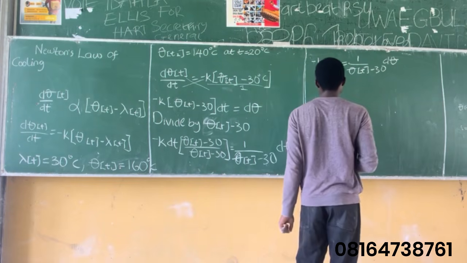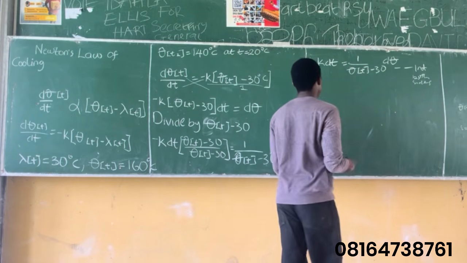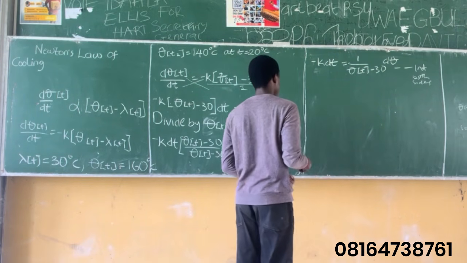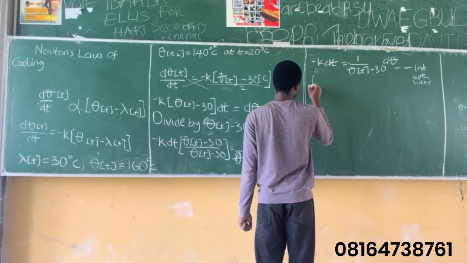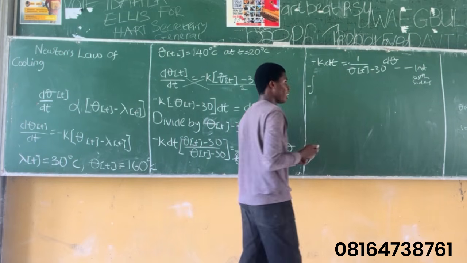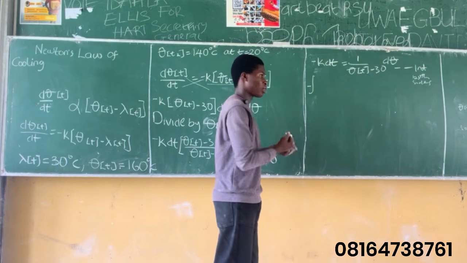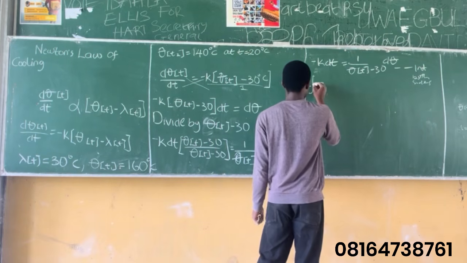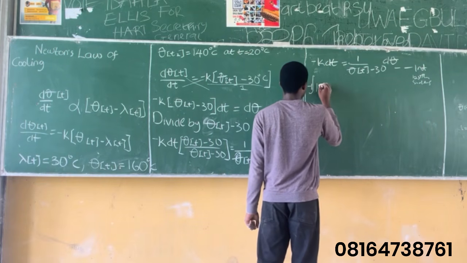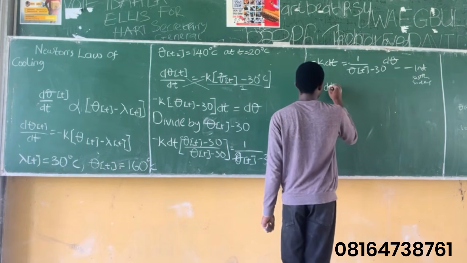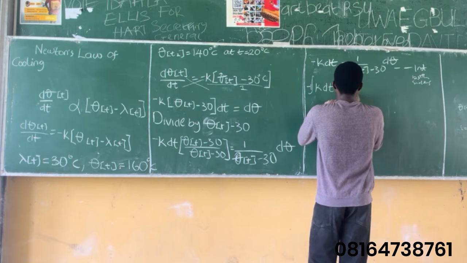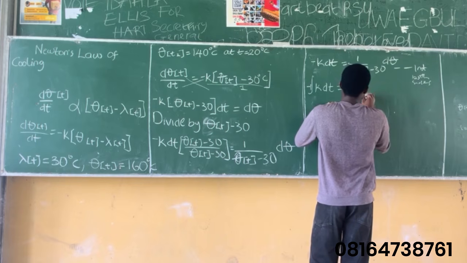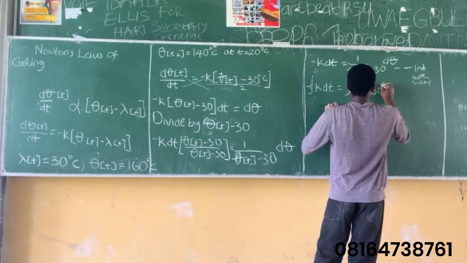So now we are going to be integrating both sides, whereby we are going to be taking any value that is a constant outside the integral sign. So this minus k integral of dt is equal to the integral of 1 over theta t minus 30 dθ.